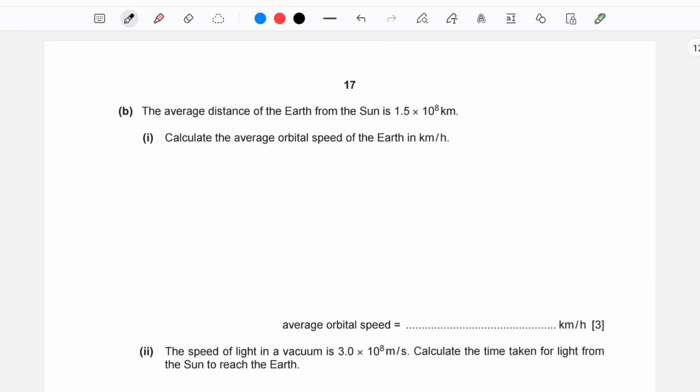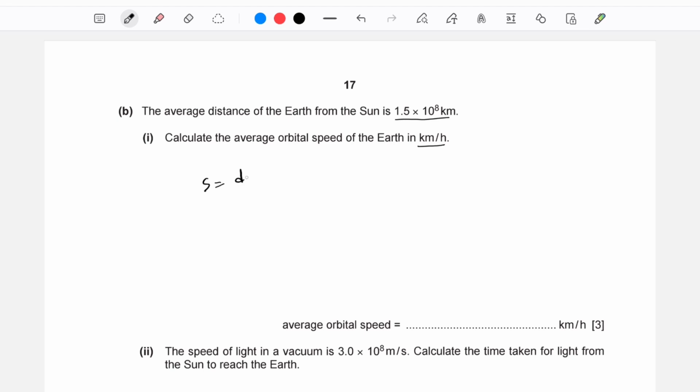The average distance between the Earth and the Sun is 1.5 times 10 to the power 8 kilometers. Calculate the average orbital speed of Earth in kilometers per hour. So we know the average distance, and we are asked to find the orbital speed. So we can use this equation.